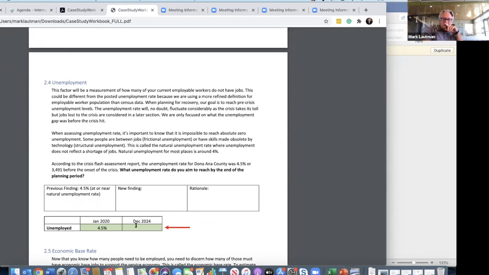I'm saying we should call the unemployment in December 2024 both frictional and structural. If you assume you were at full employment in January of 2020 at 4.5, that's your frictional unemployment. You're going to have structural on top of that. So I'm saying in December 2024, if you have 6.5%, it would be 4.5% frictional and 2% structural.